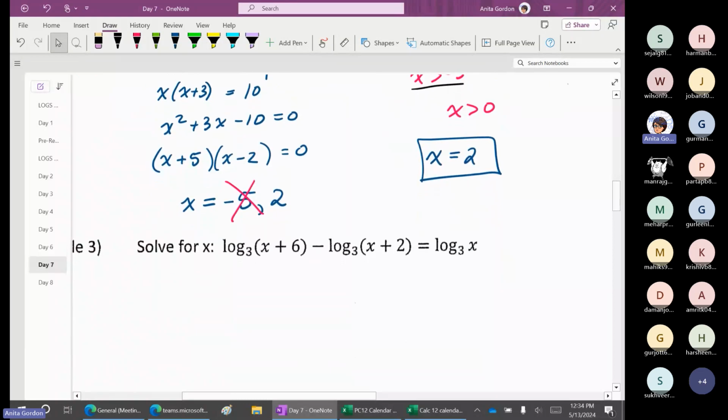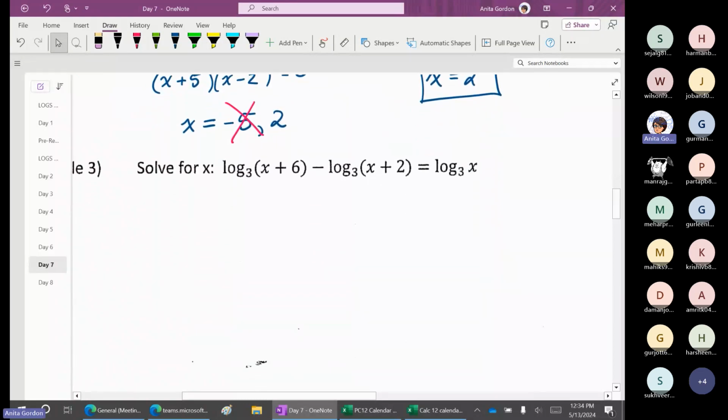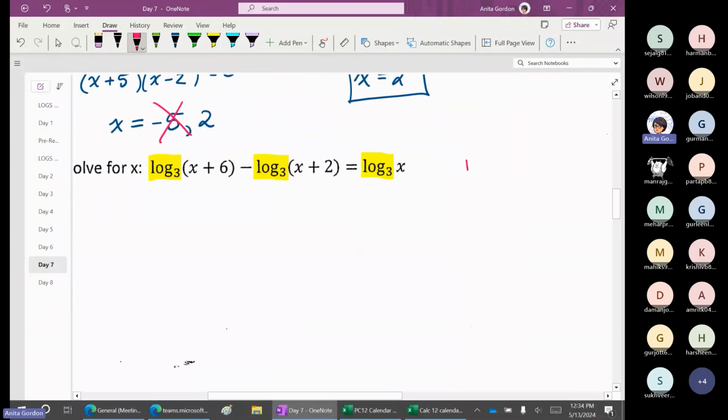All right, example 3. In example 3, I have 3 logarithms. 1, 2, 3. That means I have 3 restrictions. We can even start with the restrictions this time. Restrictions. X plus 6 must be greater than 0.